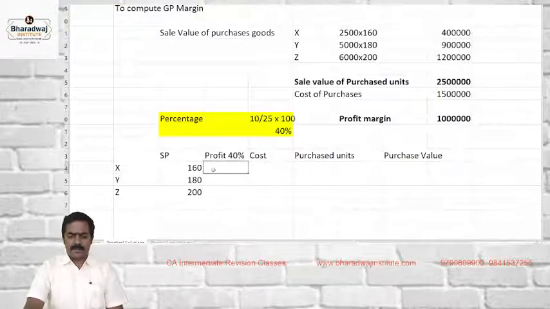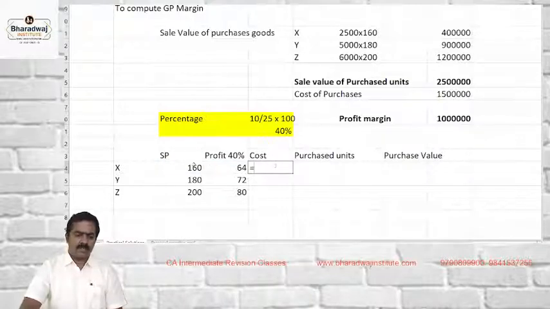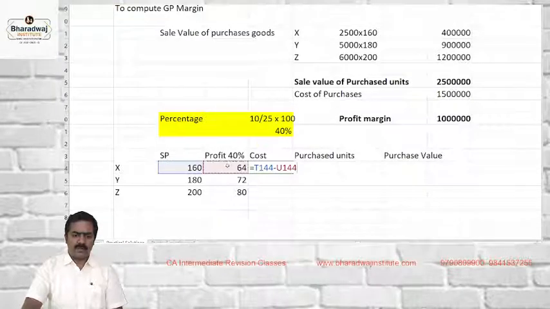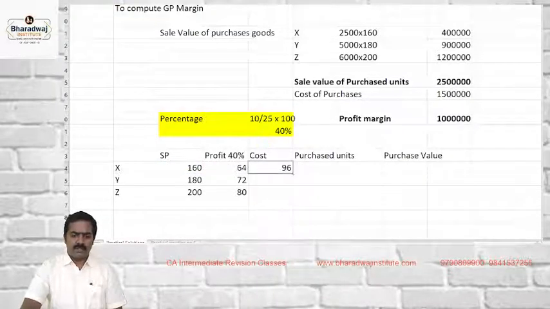Profit 40%. So this will give us cost. Selling price minus profit will give us what? Cost per unit.